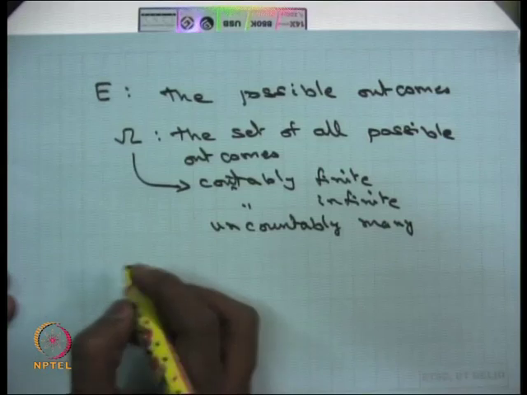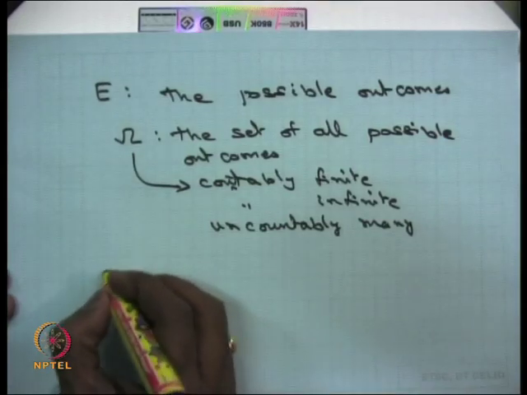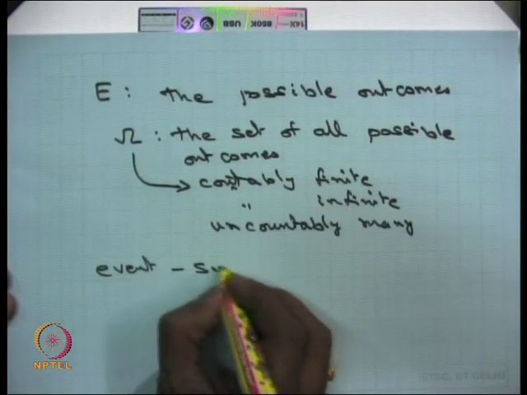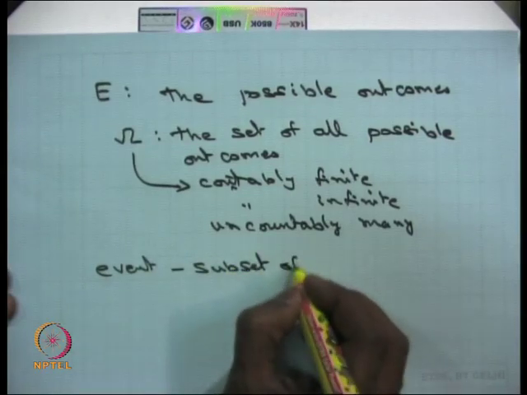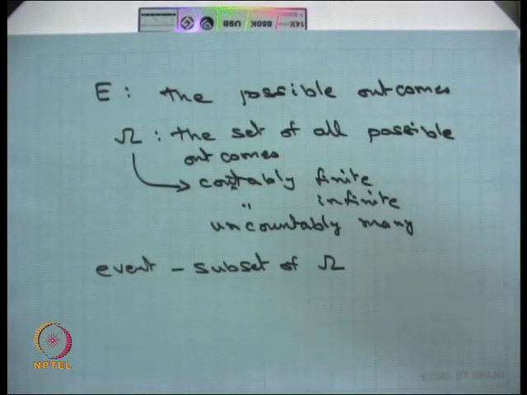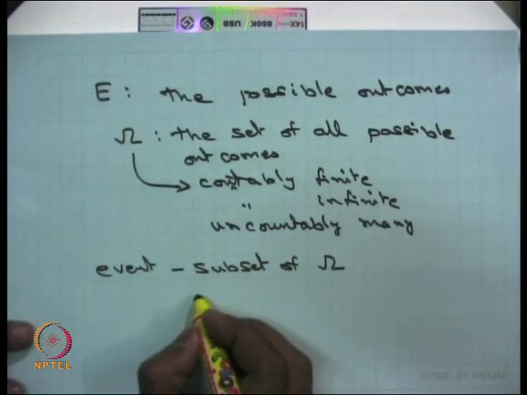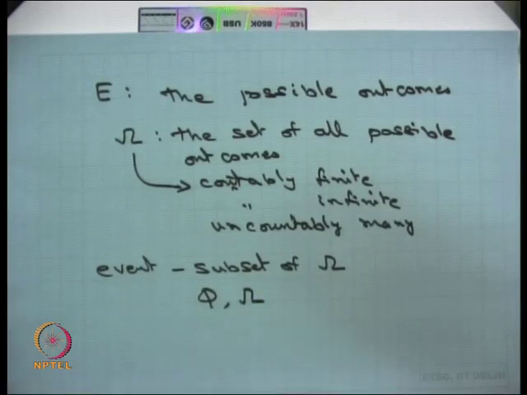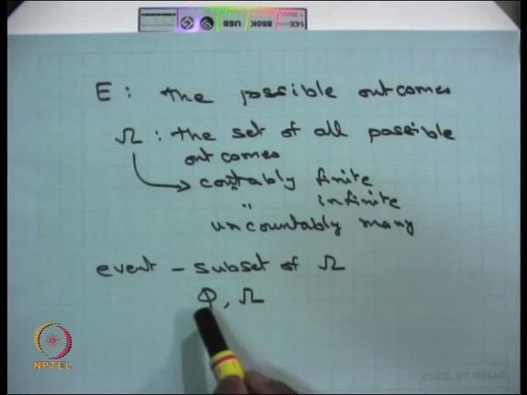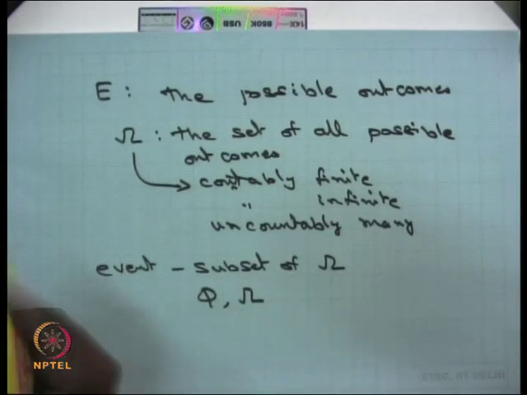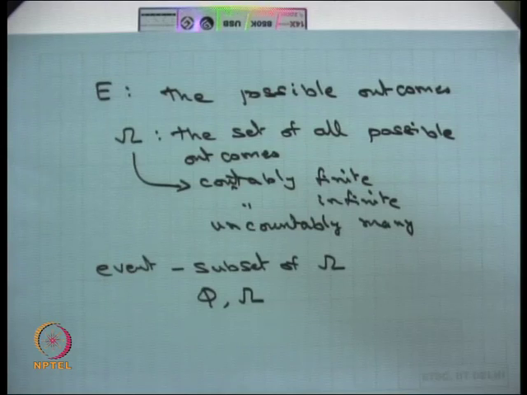Once you have omega, we can go for creating events. An event is nothing but a subset of omega. The possible events start from the empty set, as well as omega, and you can create all the possible subsets of omega, which also form events.